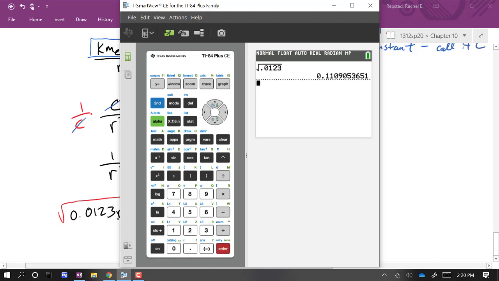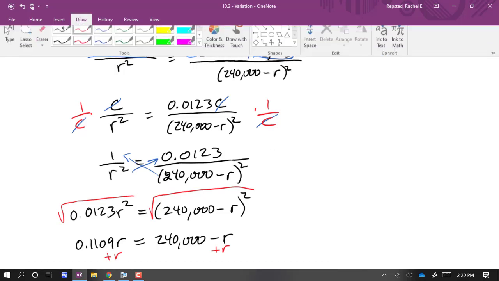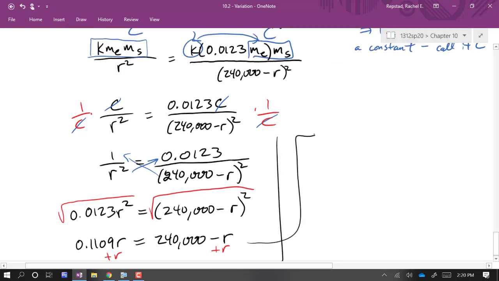I get 0.1109, so I get 0.1109 R equals 240,000 minus R. Now we just need to add R to both sides, and that will give us the following equation. If I take 0.1109 R and add 1 R, we get 1.1109 R. This is equal to 240,000.